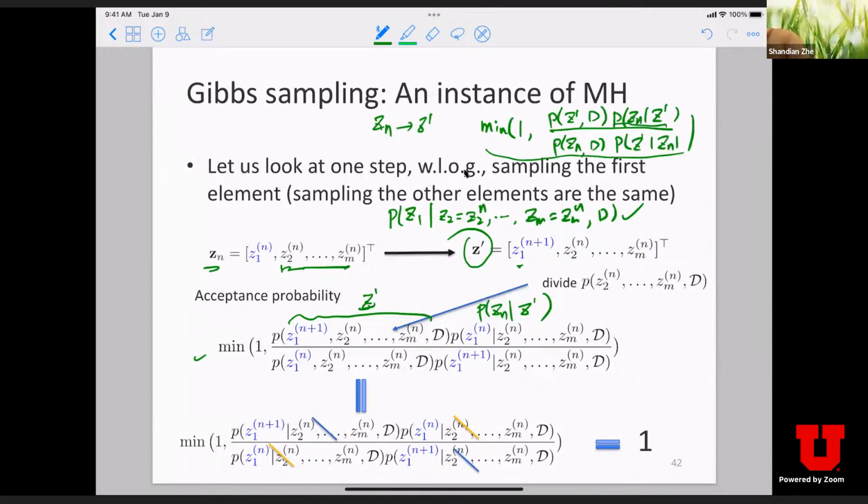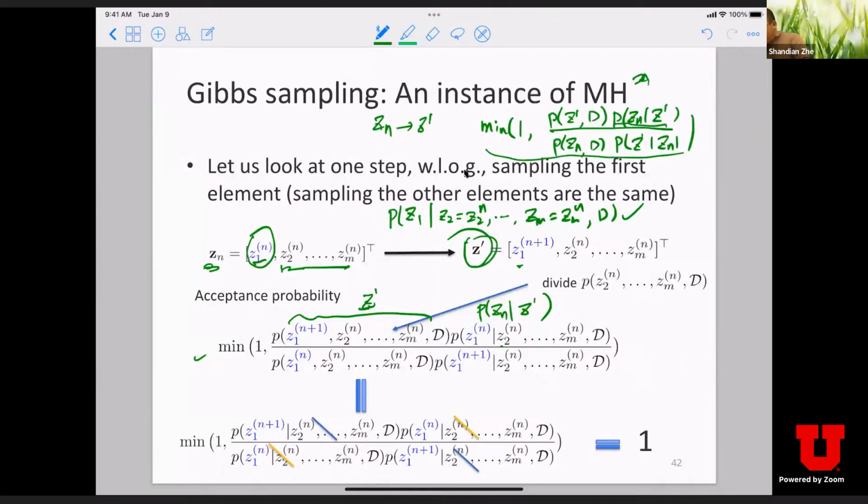It is conditional again on Z2n to Zmn, on all other samples, but now you generate a new sample as Z1, because you're starting from Z prime to generate Zn. So there's only one element generated, which is this Z1. So this proposal probability is just P of Z1n conditioned on Z2n to Zmn and conditioned on data D, right?